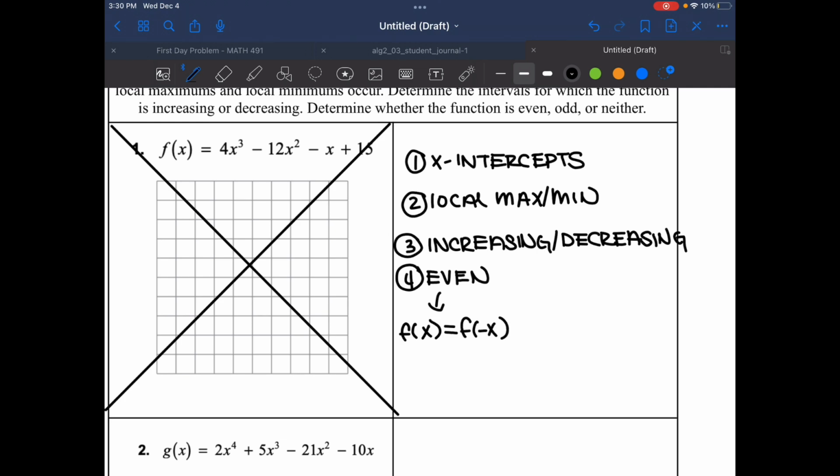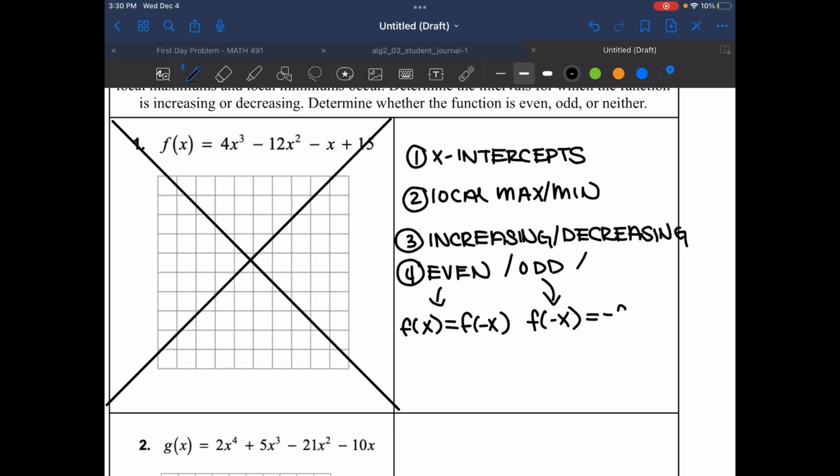So it's equal to being reflected across the y-axis, okay? An odd function is where the reflection across the y is equal to the reflection across the x-axis, and neither just means that it's not even or odd. It's just something completely different, okay?